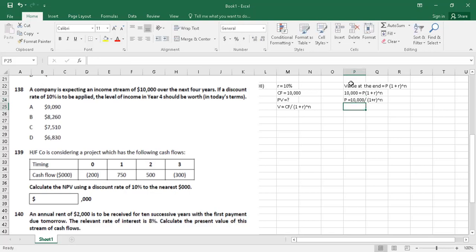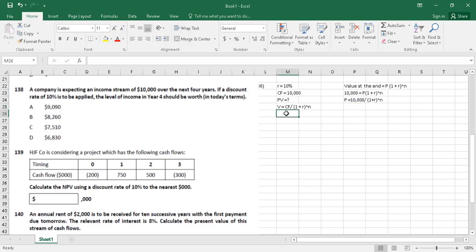So whenever we discount it, the discounted part goes into the denominator. When we are compounding it, it goes as a multiplication. So P into 1 plus R whole to the power of n. But in the same case, if we are trying to find out P, P will be 10,000 divided by 1 plus R whole to the power of n.